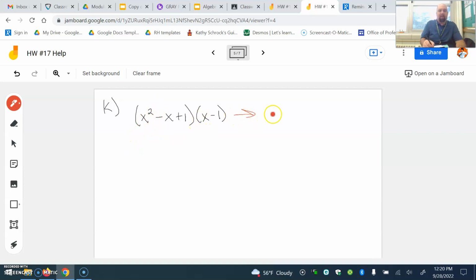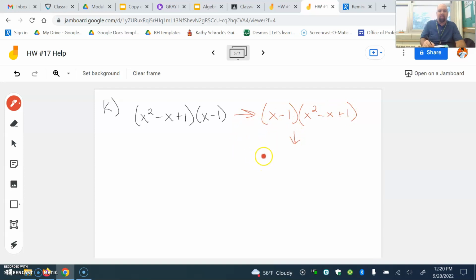All right, so for this one, let's do, how about this? I'm going to use my commutative property of multiplication again and do x minus 1 times x squared minus x plus 1. And I switched it around so I could do the double distributive property.